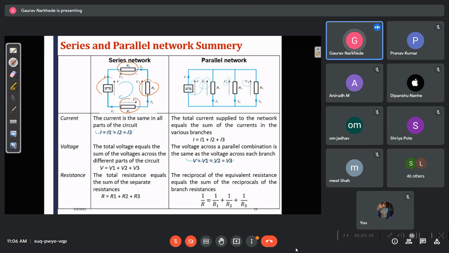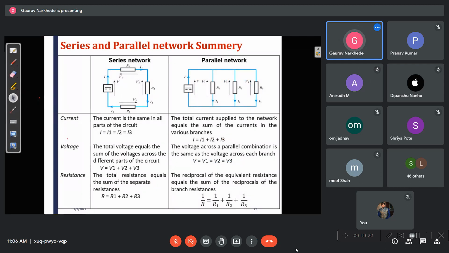Total voltage is addition of V1 plus V2 plus V3, as we have just seen. And there are three currents, I1, I2, I3, and total current is I1 plus I2 plus I3. So R total will be R1 plus R2 plus R3, and 1 upon R total is equal to 1 upon R1 plus 1 upon R2 plus 1 upon R3. Is it correct?